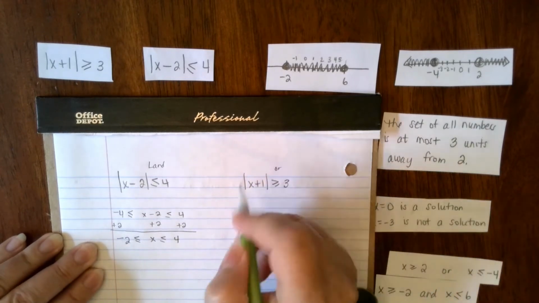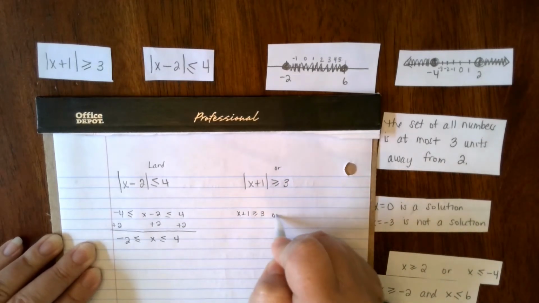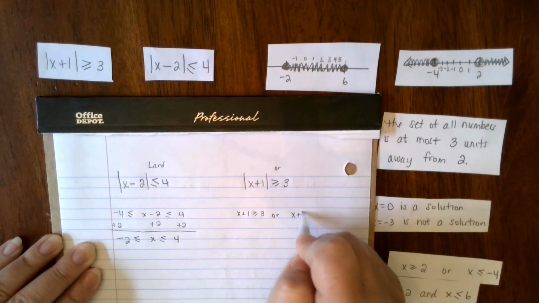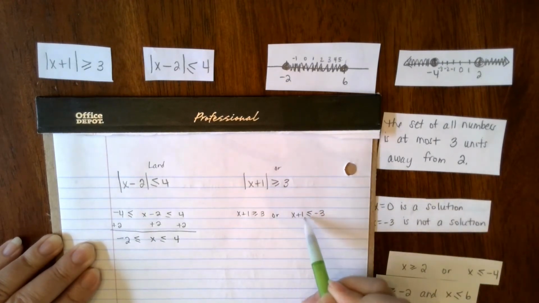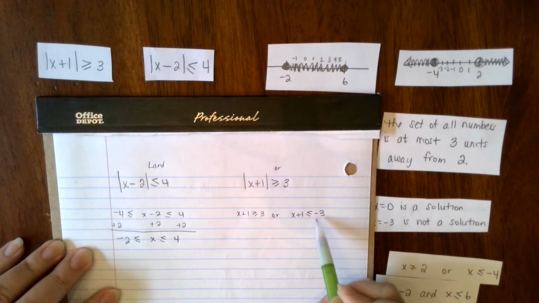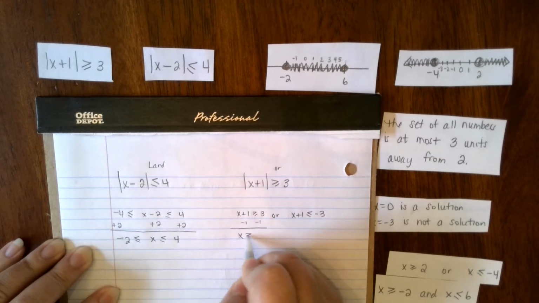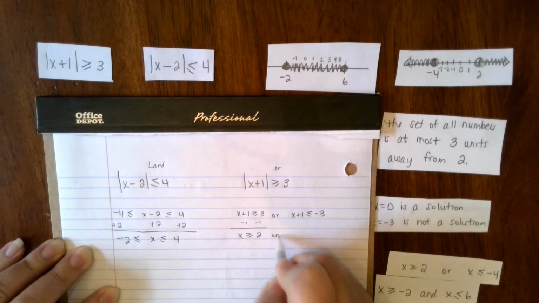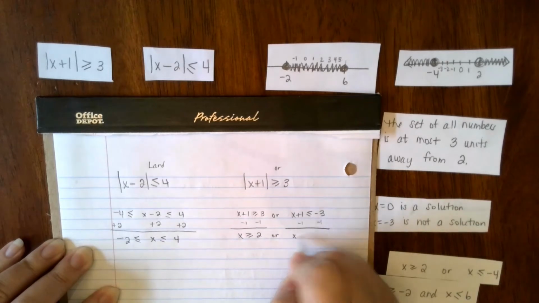So this is an or problem. So I have x plus 1 is greater than or equal to 3, or I have x plus 1 is less than or equal to -3. Don't forget you've got to change your inequality and change your sign. So when I solve that, I get that x is greater than or equal to 2, or that x is less than or equal to -4.